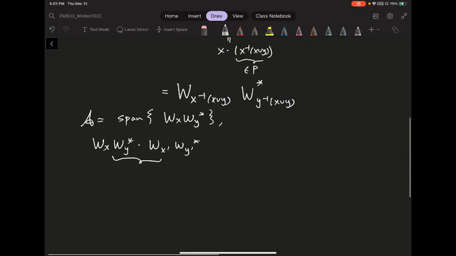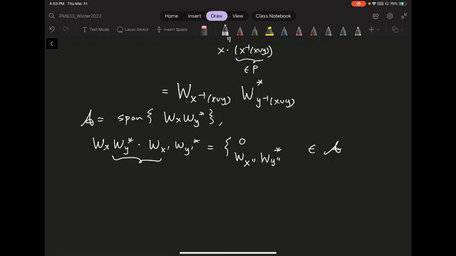It's either equal to 0 or equal to W of x, some W of p, some y star. But no matter what you have, it's still inside A. So this A is really an algebra. Because it's an algebra like that, any word in your W with its adjoint can be written as an element inside A. So clearly this A is dense.